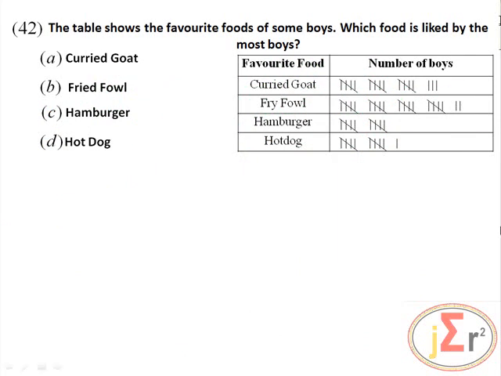Tally is the process of recording information in this fashion by putting down a stroke for each one. And when we have 4 strokes, we put a diagonal 5th stroke so that the entire bunch is representing 5 objects, or 5 individuals, or 5 items of data.